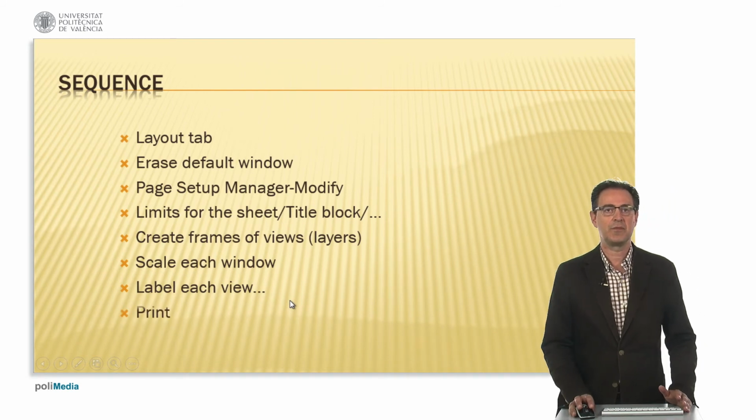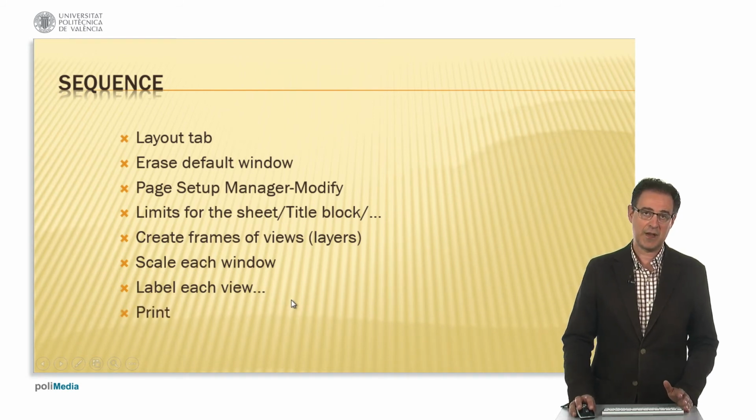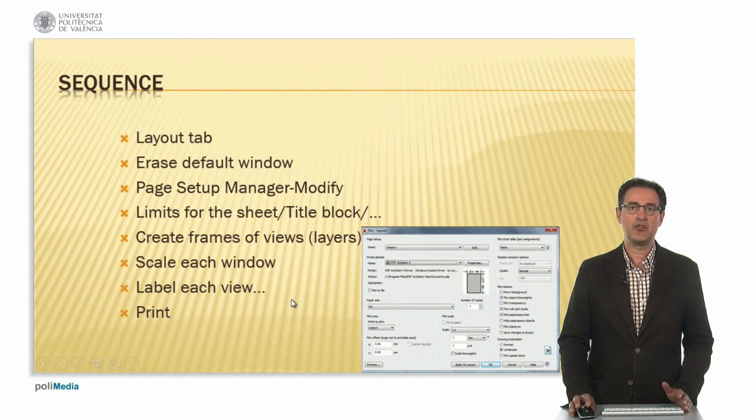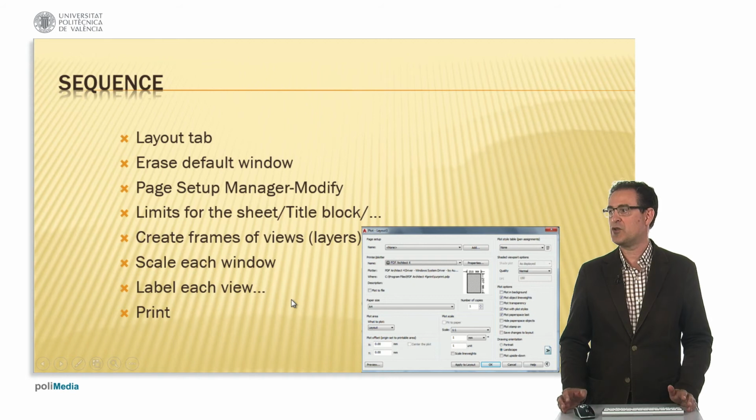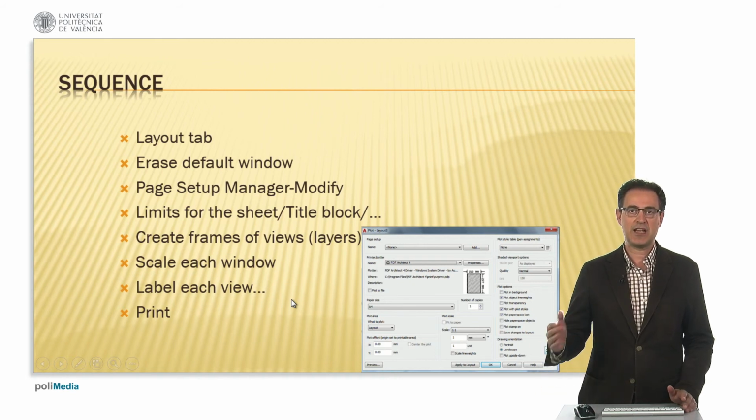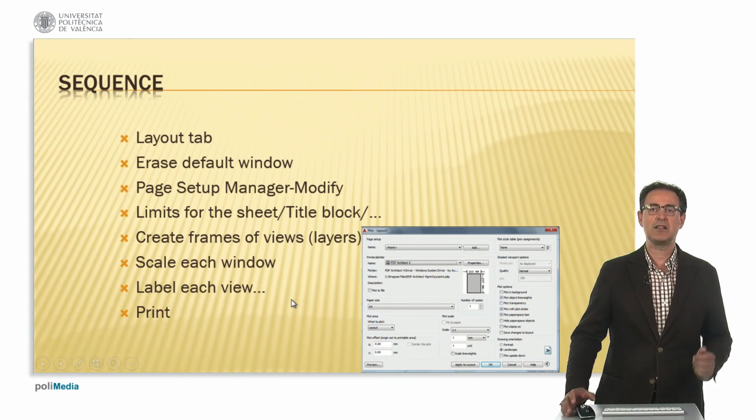And then you have to print the layout. Finally, you go to the plot command, and here you have the dialog for printing, where you have the printer, the size of paper, and the orientation that you have assigned before in the settings.